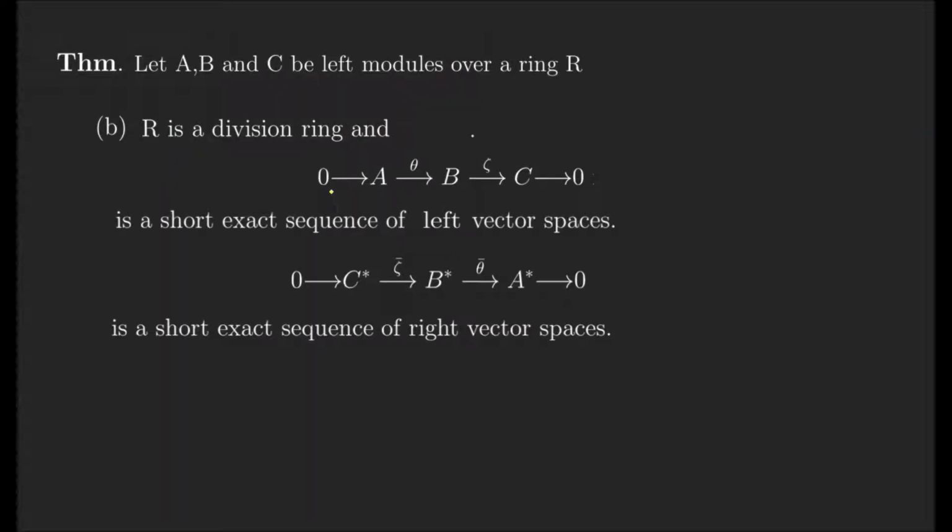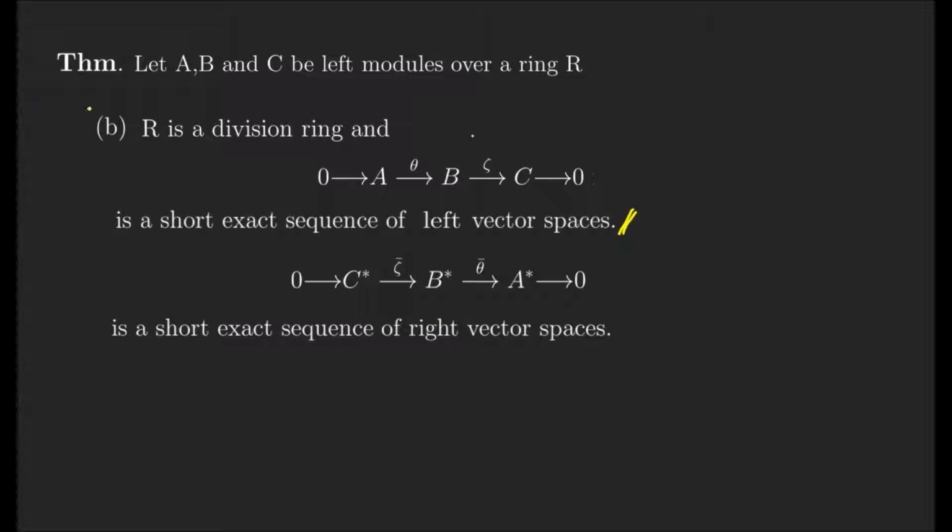The second statement shows exactly the dual properties. If R is a division ring and this is a short exact sequence, then because R is a division ring, we can consider A, B, C as left vector spaces. If this holds, then the dual is a short exact sequence of right vector spaces.